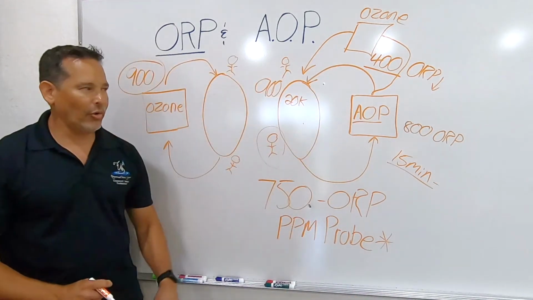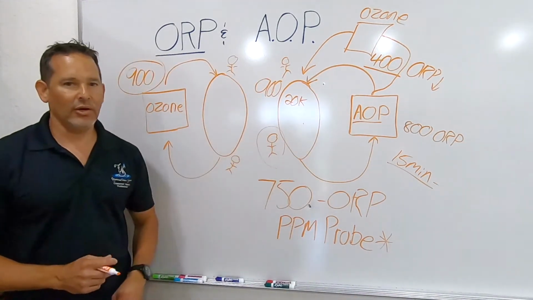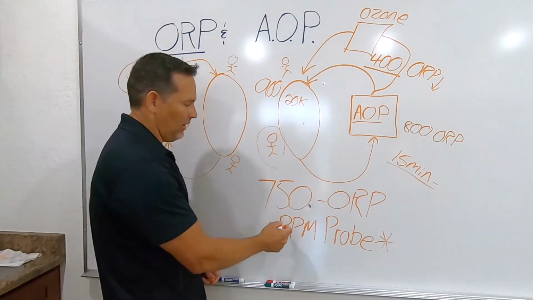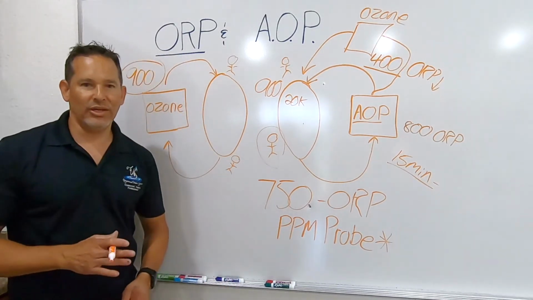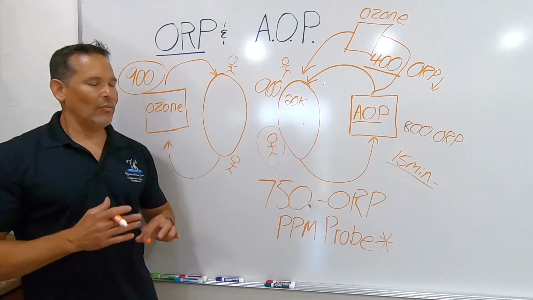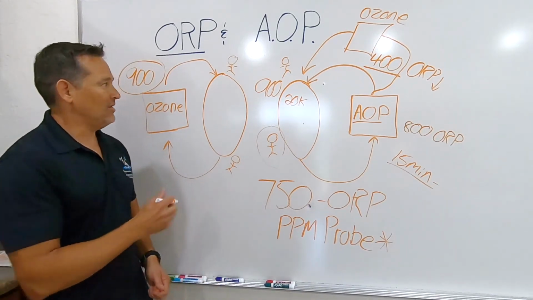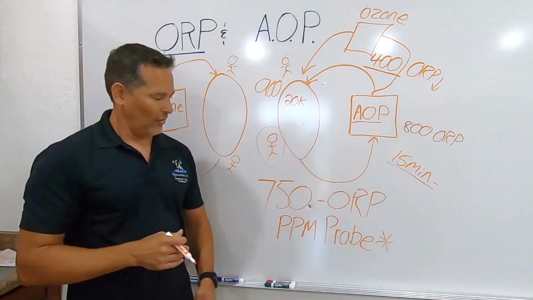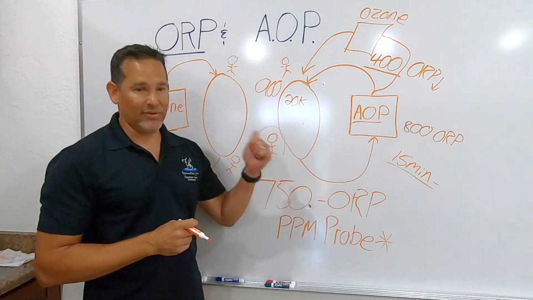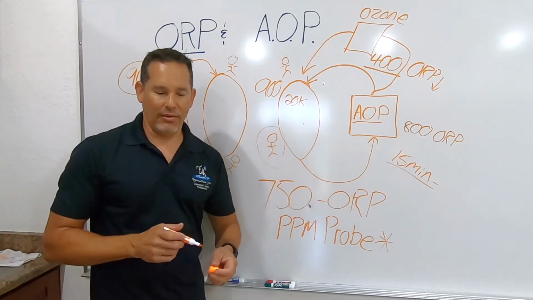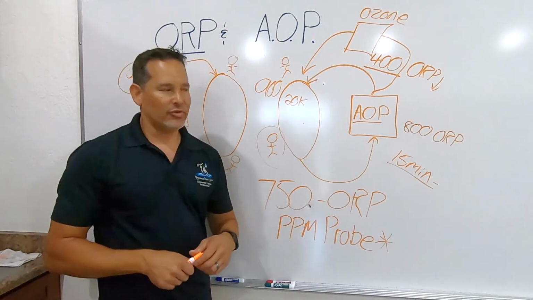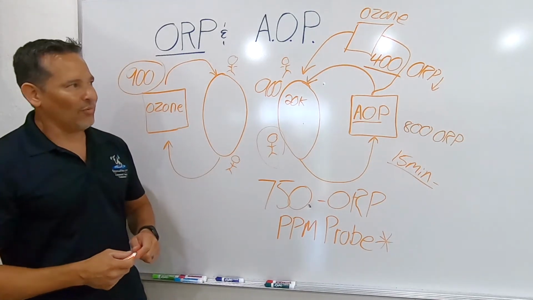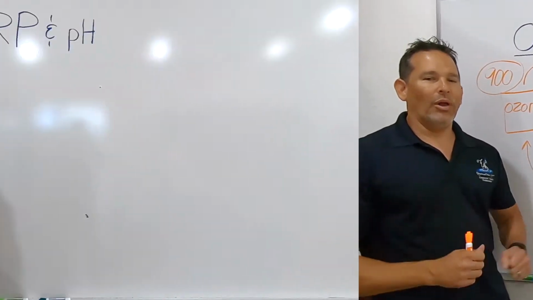A ppm probe in any one of these scenarios, if you want to run chlorine in that body of water, is critical when you want to establish 1 part, 2 parts, 3 parts, because you'll never manage ORP properly with these types of systems and trying to keep a residual of chlorine in the water. So this is just another idea of how things actually work in your pool. Let me show you one more.